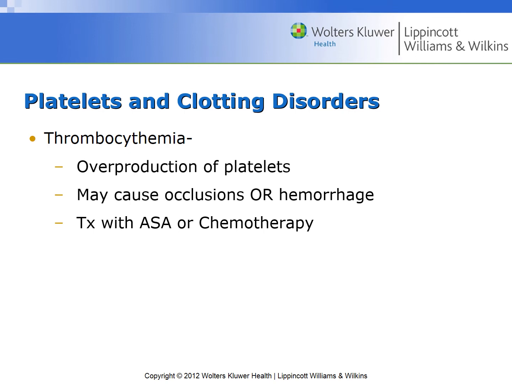Treatment for thrombocythemia is aspirin to make them a little slicker, or chemotherapy to suppress the production in the bone marrow. Now you think about it, if we are suppressing the bone marrow, we're not just going to be suppressing the production of thrombocytes, but we're also going to be suppressing the production of our reds and whites.